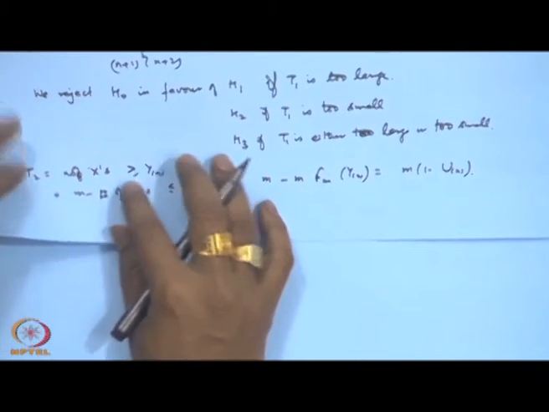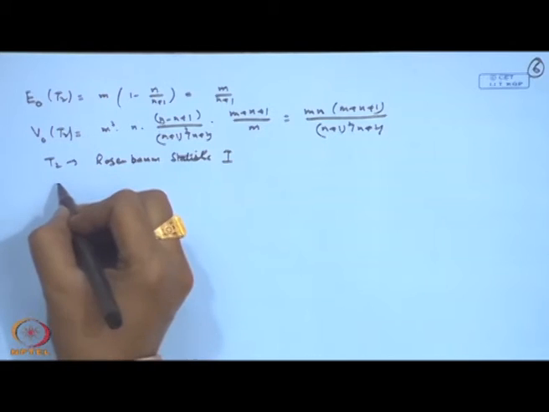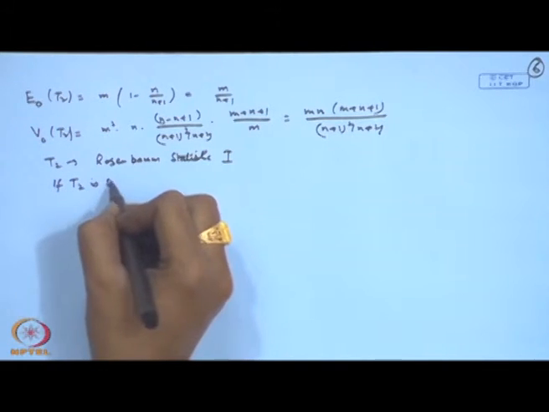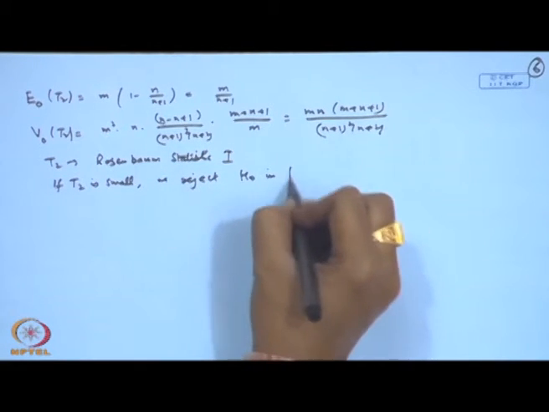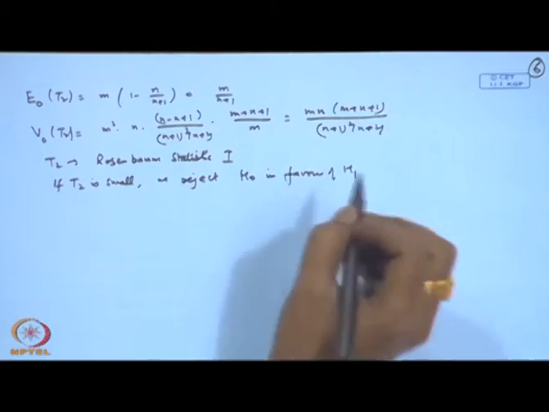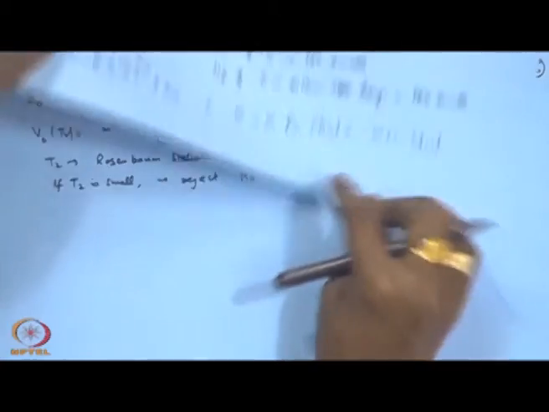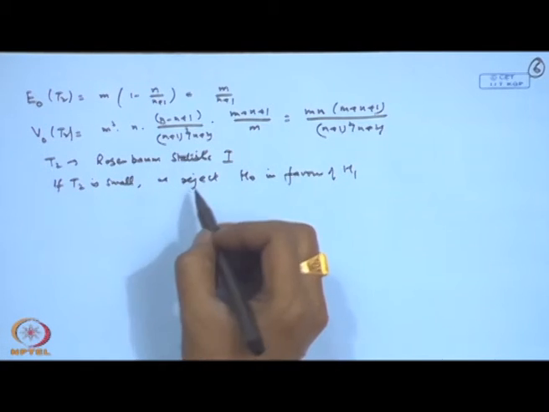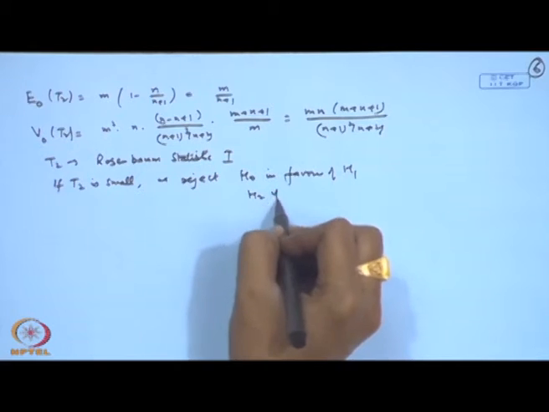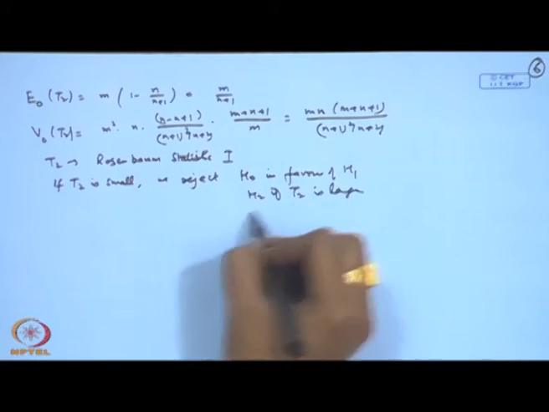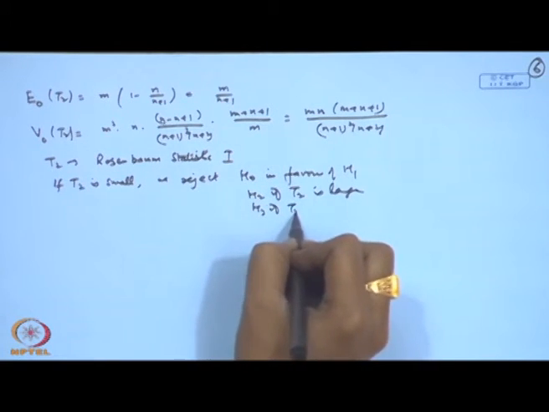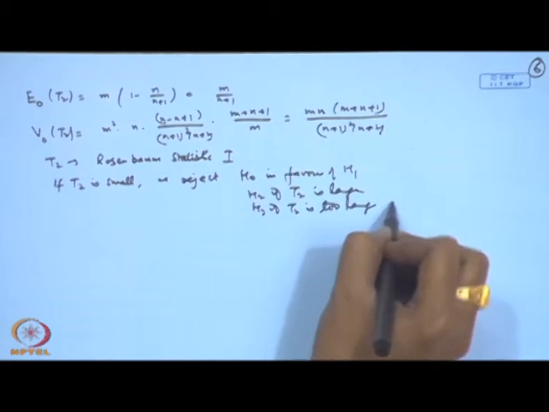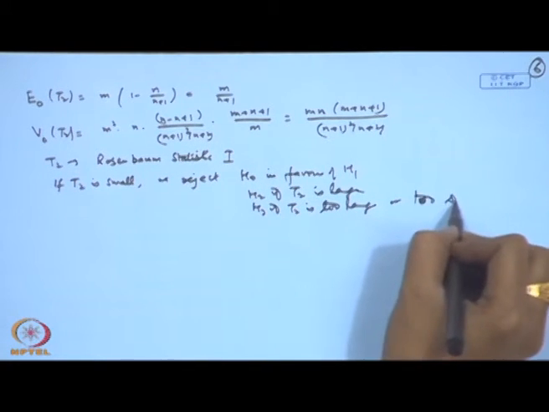If it is in the reverse way, you can consider that if T2 is small, then we reject H naught in favor of H1. So, you can see it is reverse of this: T1 is too large and here T2 is small, and reverse will happen against H2 if T2 is large, and in favor of H3 if T2 is too large or too small.